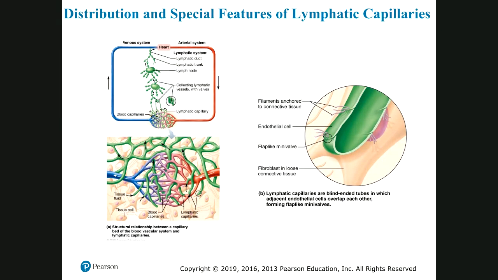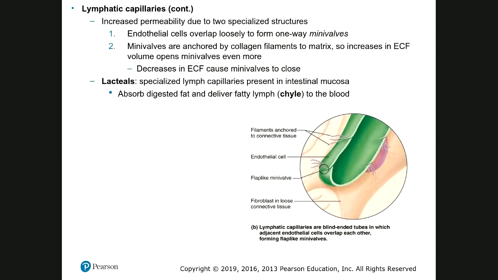Those lymph capillaries, we find them almost everywhere. And in the intestinal parts, we have specialized capillaries. We call those lacteal capillaries, which are present only in the intestinal mucosa. Their specialty is to absorb fat and lipid from the blood into those lymphatic capillaries that we call lacteals.